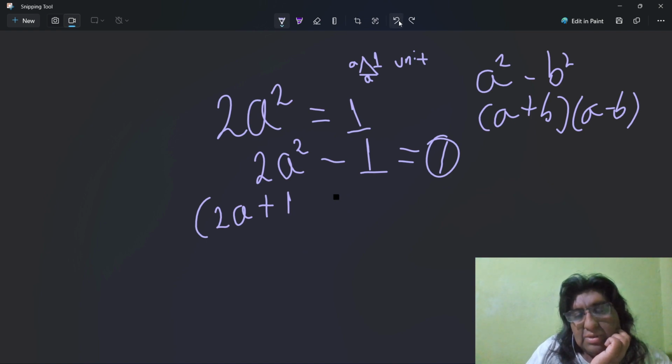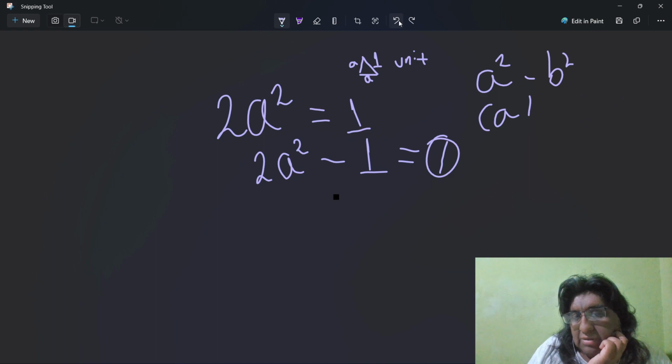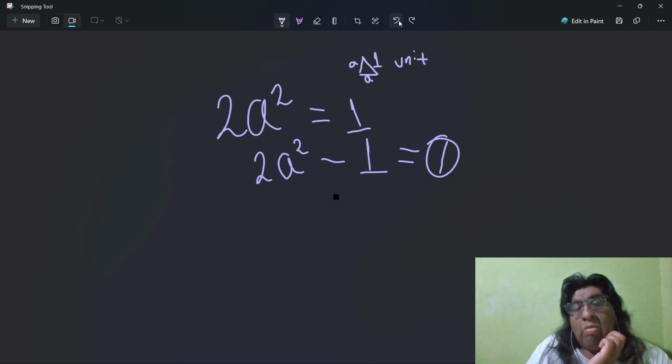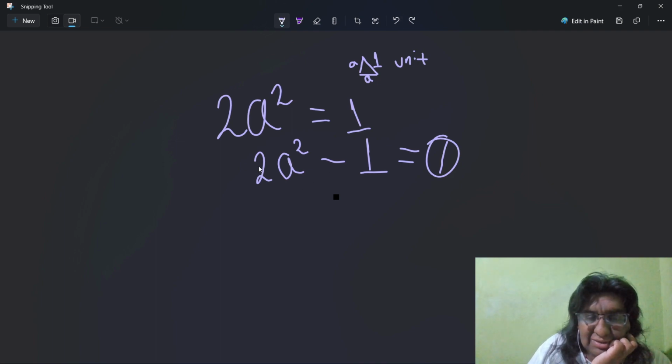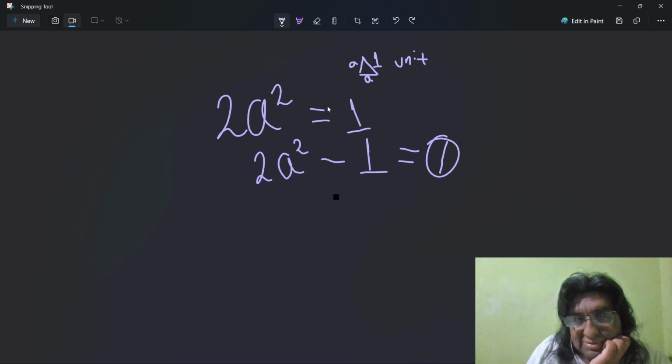What can you do? I'm erasing this with the mouse. Okay, so you can use some trick with this number and say, well, actually 2 is, I'm going to erase this and rewrite this over here.